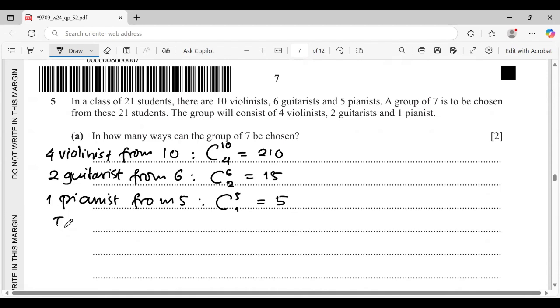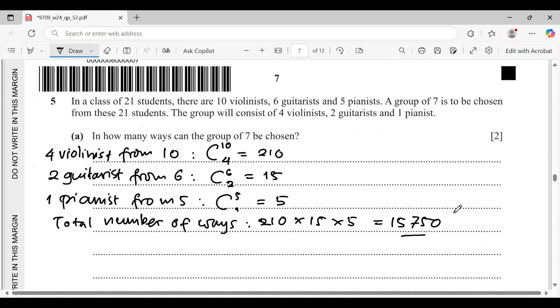The total number of ways of choosing is 210 times 15 times 5, which is 15,750. So, next question.